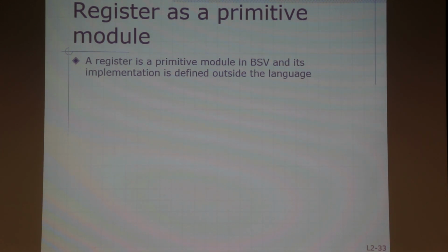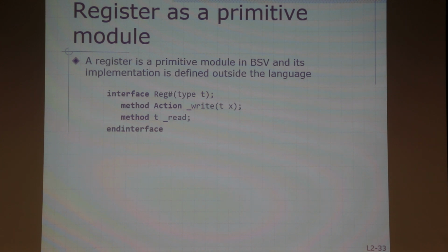Register is a primitive module, so this is outside the language. The compiler just assumes registers exist, and the methods on a register are that you can read it and you can write it. These are the only things where we don't worry about guards, because it's always true.